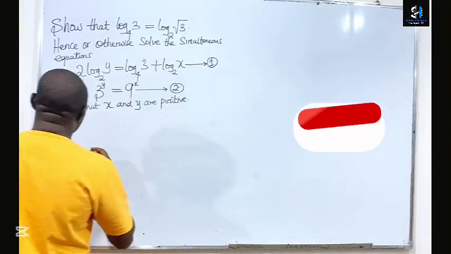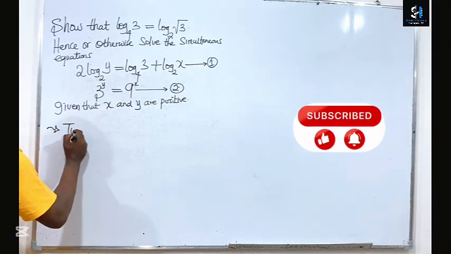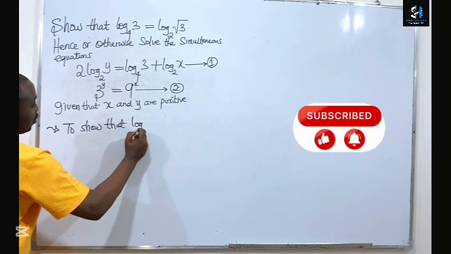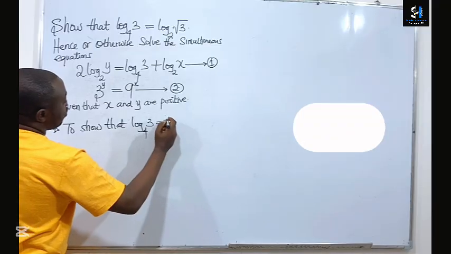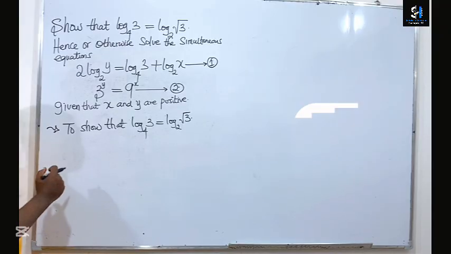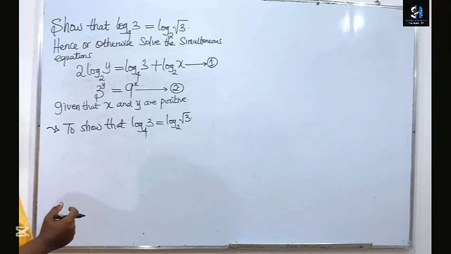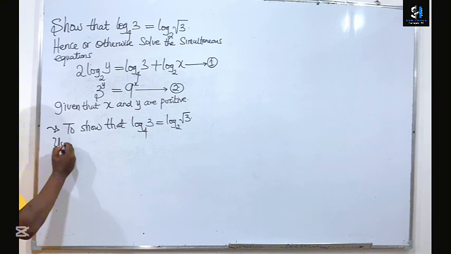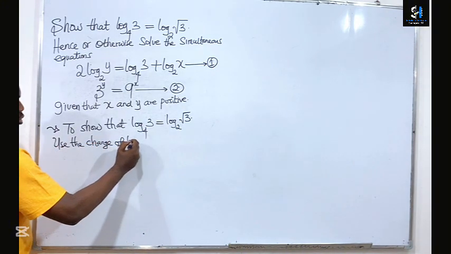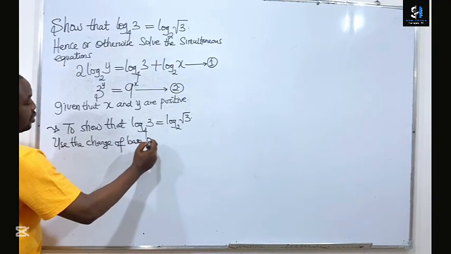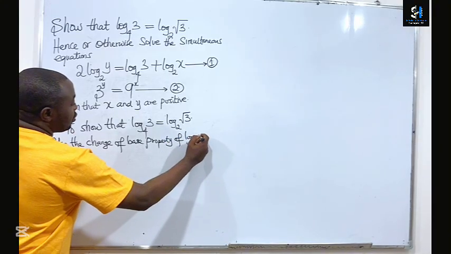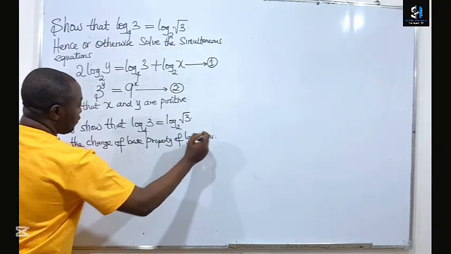So for the first question, to show that log to base 4 of 3 is equal to log to base 2 of radical 3, I'm going to use the change of base property of logarithms.